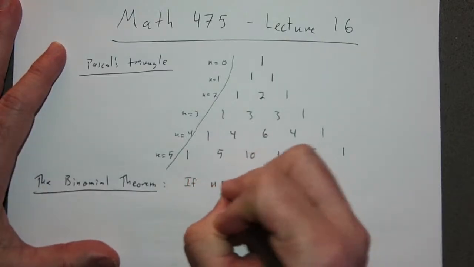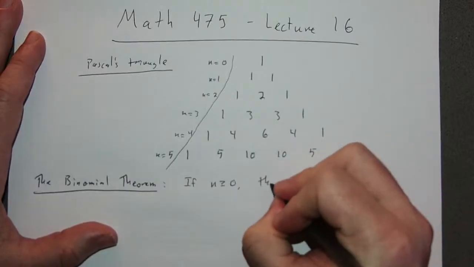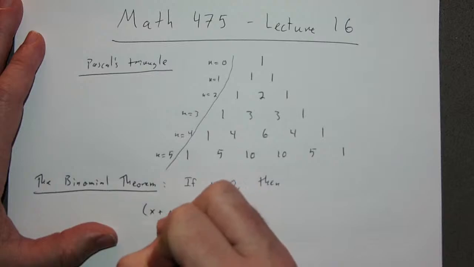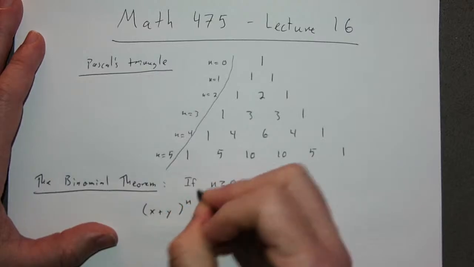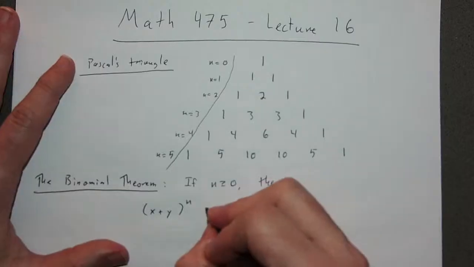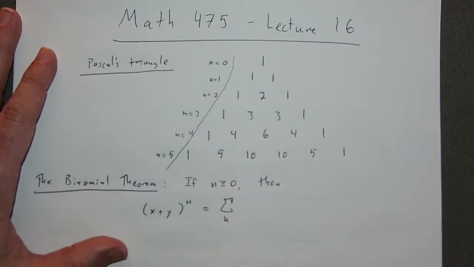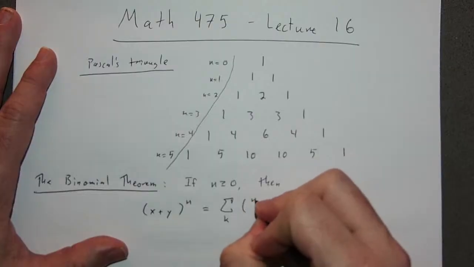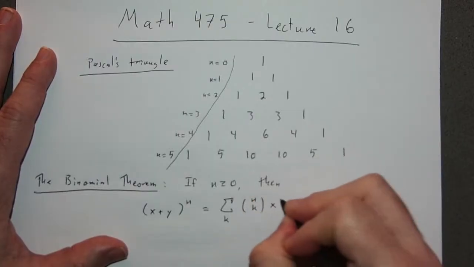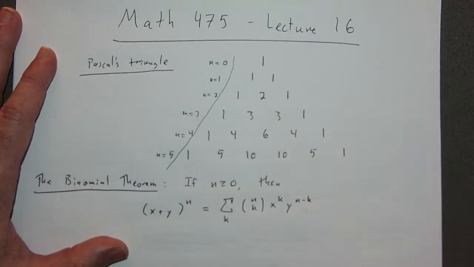If n is a non-negative integer, then if I have the binomial term x plus y raised to the nth power, this can be computed as the sum over k of n choose k times x to the k, y to the n minus k.